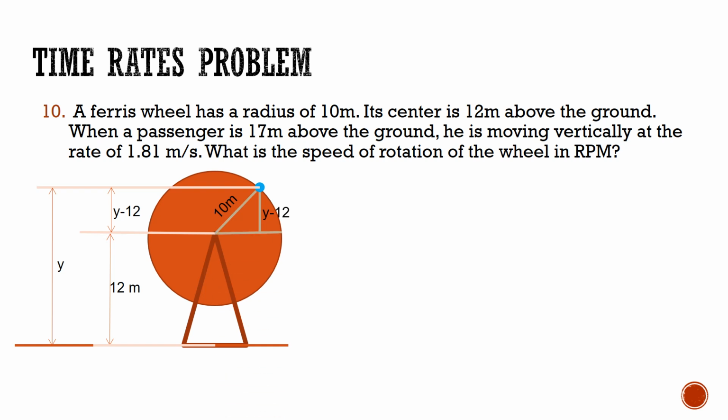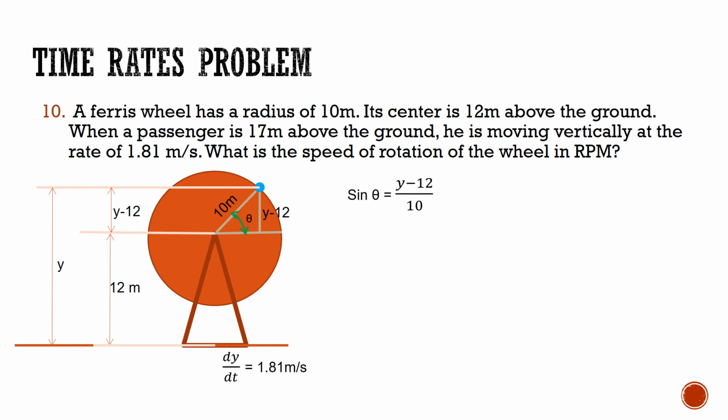So extend mo lang yung linya na yan, then we'll be having here a right triangle with a certain angle theta. So anong given dito? Theta, and an opposite dimension to theta is y minus 12, and hypotenuse is given. We relate opposite and hypotenuse, of course.